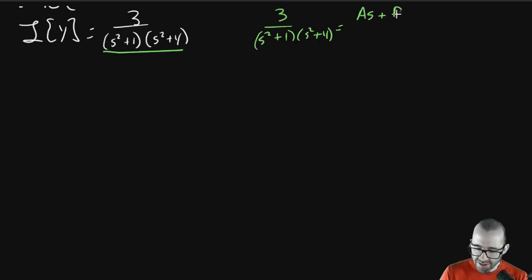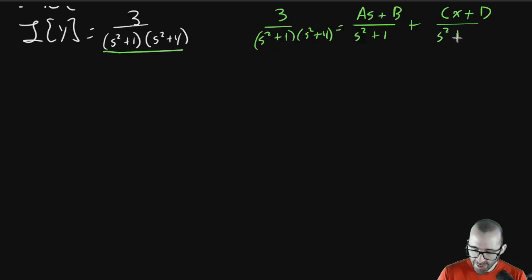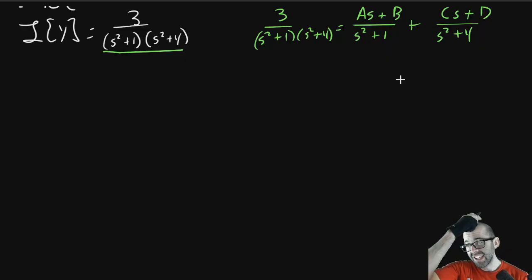It's some linear term in the numerator over s squared plus 1, plus another linear term over s squared plus 4. Oh boy. Also, it's s, not x. So this is fun.